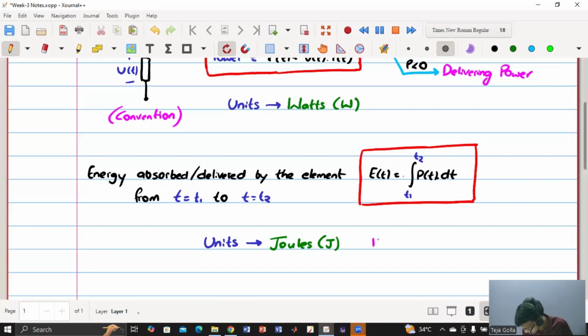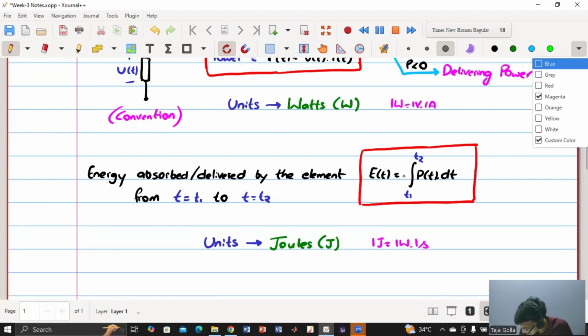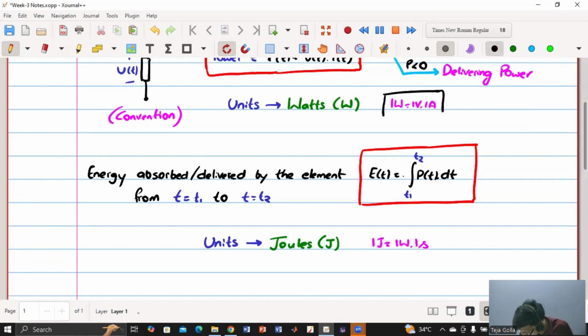So 1 joule is equal to 1 watt times 1 second. Similarly, 1 watt is equal to 1 volt times 1 ampere, or you can say I square R, so it is 1 ampere square times ohms.